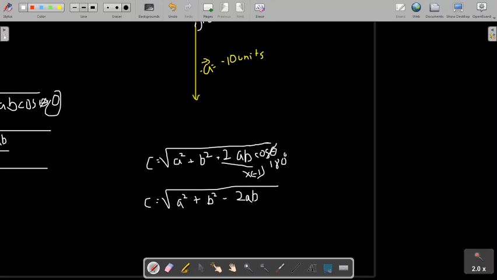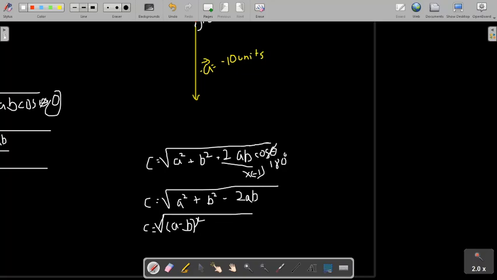You can notice that this too resembles an algebraic identity, the expanded form of a minus b the whole square. So we could compress this as a minus b the whole square. Now the squares cancel out, and we get the magnitude of the resultant simply as the magnitude of the first vector minus the magnitude of the second vector.